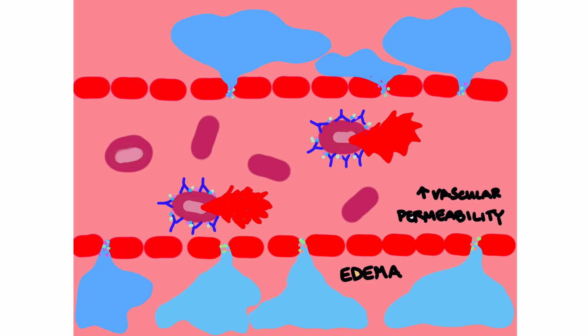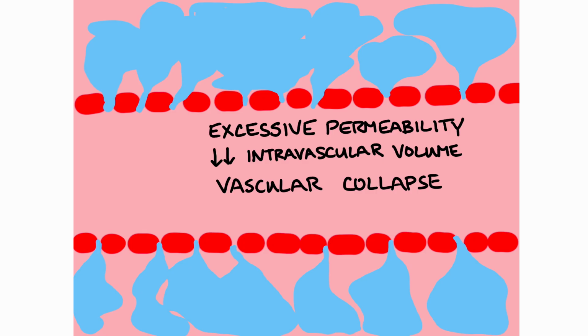This also leads to increased permeability in the capillary beds and edema into the tissues. If there's enough fluid in the tissues, that means you will decrease intravascular volume, and this may lead to vascular collapse.